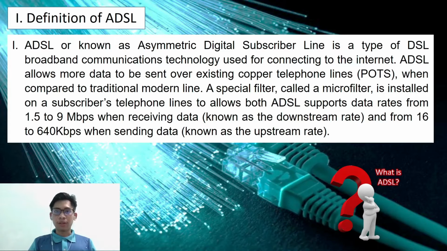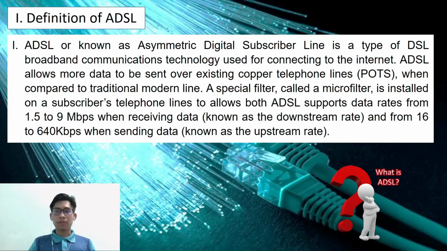A special filter called a microfilter is installed on a subscriber's telephone lines to allow both. ADSL supports data rates from 1.5 to 9 megabits per second when receiving data, which is known as the downstream rate, and from 16 to 640 kilobits per second when sending data, which is known as the upstream rate.